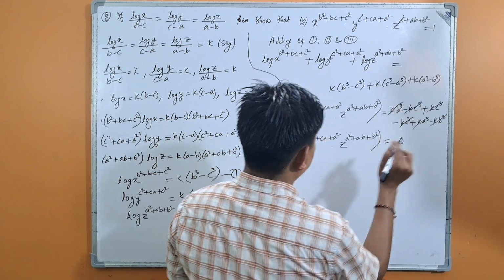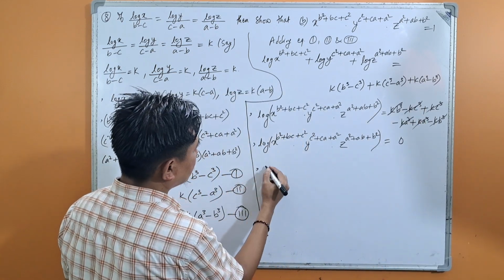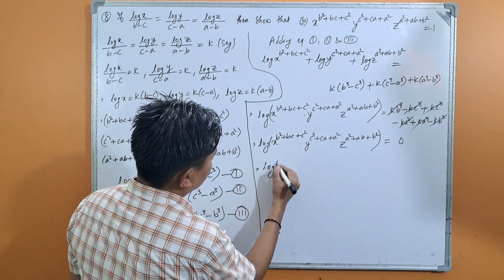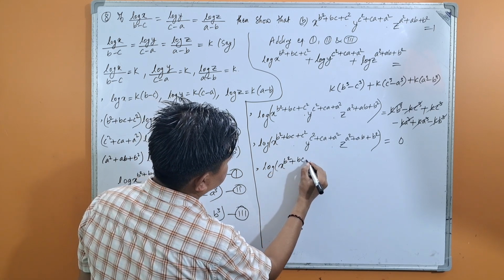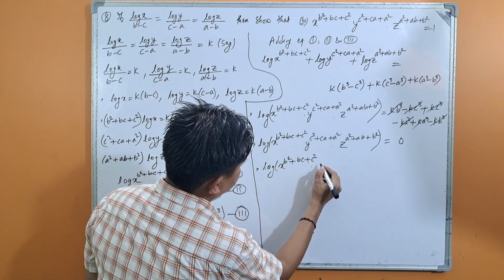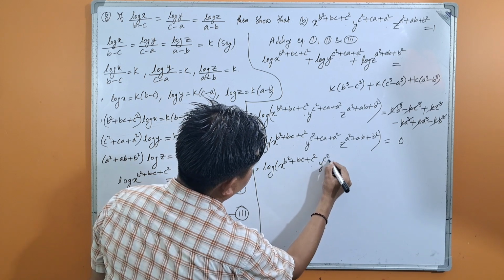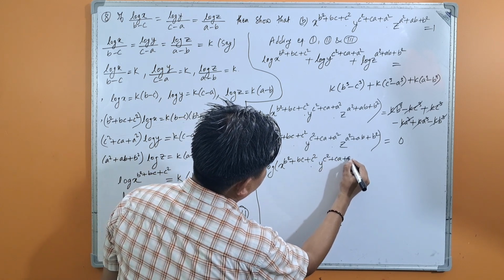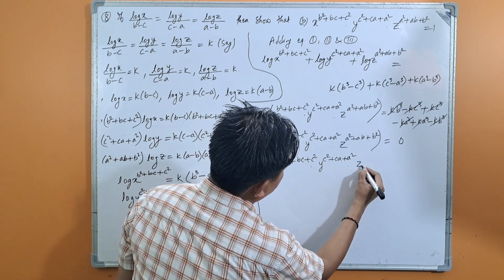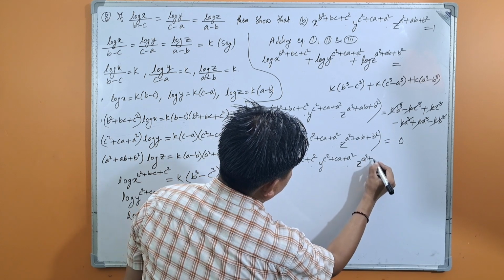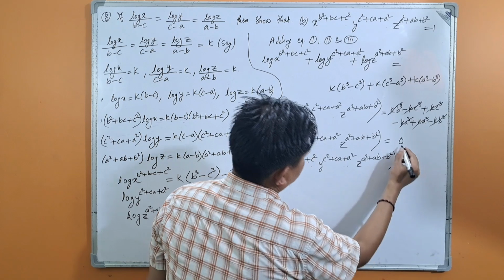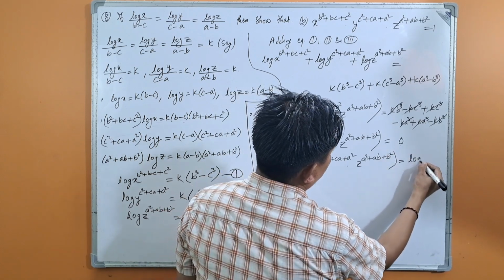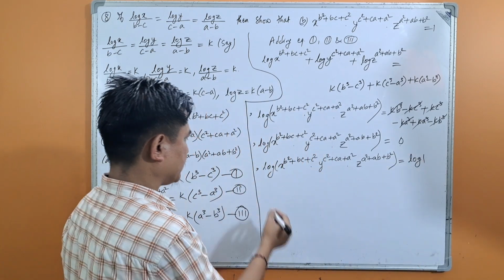Nothing is here, so we write 0. Or log x to the power b square plus bc plus c square times y to the power c square plus ca plus a square times z to the power a square plus ab plus b square equal to, instead of 0 I can write log 1, because log 1 means 0, isn't it?